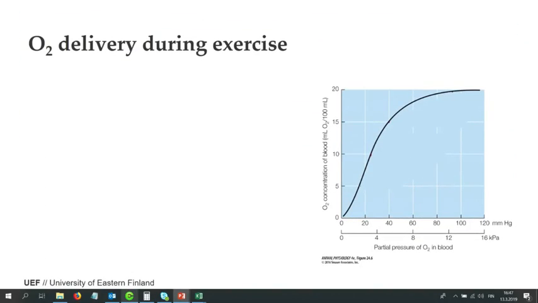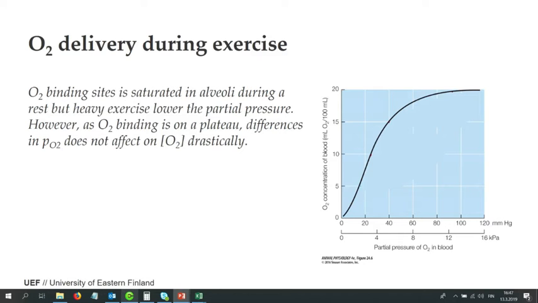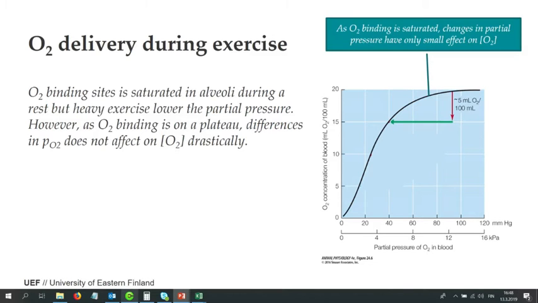Okay, how can we deliver the oxygen during the exercises? The problem is that when we are exercising a lot, there might be a little bit less oxygen available in the alveoles during the heavy exercises. But the good point is that because this is a sigmoidic curve, we are on the plateau.